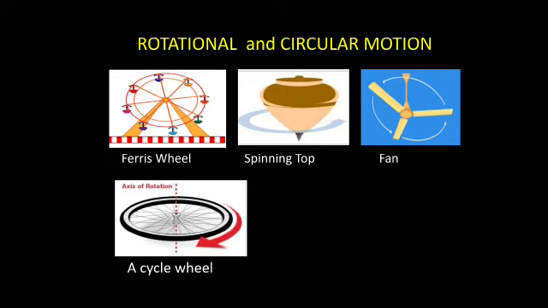Next one, rotational and circular motion. Can you see this picture? First one is a Ferris wheel. Yes, these are giant wheels. Then spinning of a top. Third one is a fan rotating. Fourth, the way a cycle wheel rotates. Can you see how they are moving in all the pictures? Here in this case, can you observe one thing?